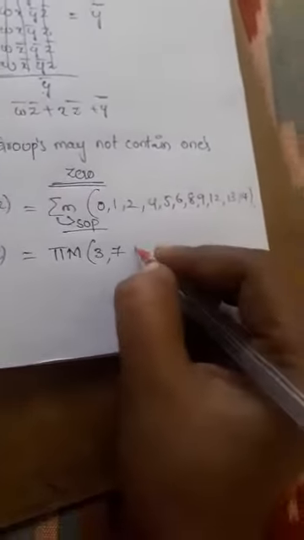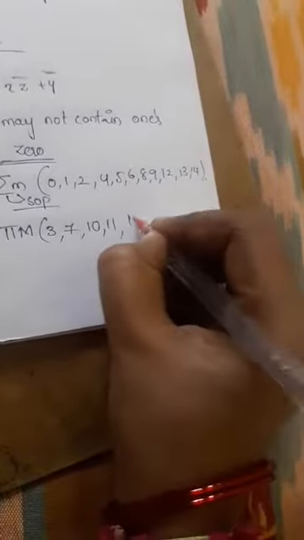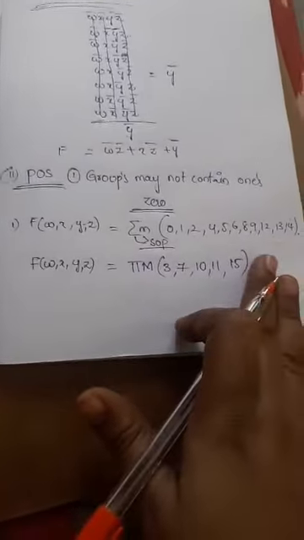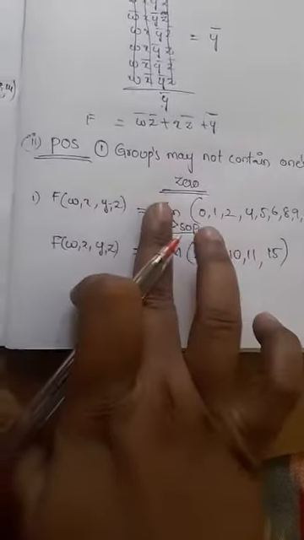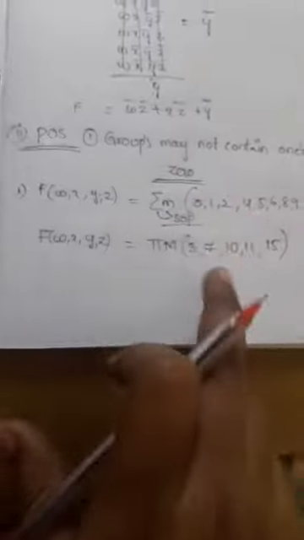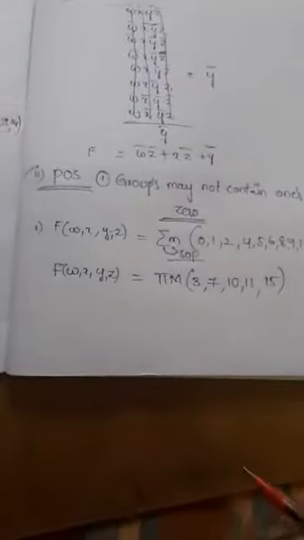And 8, 9, 10 is also there, and 11 is also not there. And 12, 13, 14 and 15. So actually we have 16 possibilities. W, X, Y, Z, totally 4 variables, will get 16 possibilities from 0 to 15. So the remaining possibilities come under POS representation.